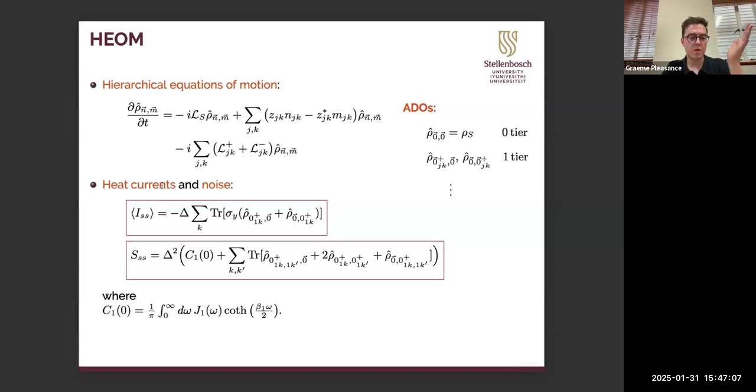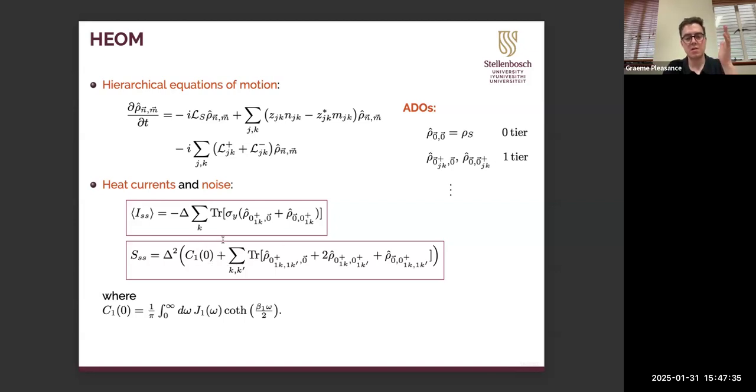And so this expression here is essentially an analytic expression for the steady state heat current, written in terms of a number of these auxiliary density operators. And the second equation is the noise, so the second order moment of this heat current operator.